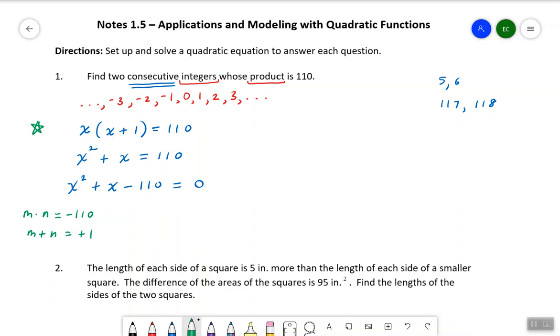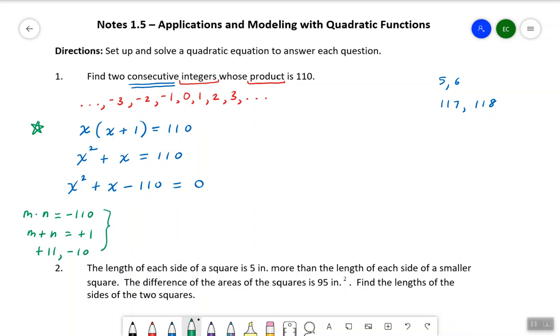And so you might see that pretty quickly. That sounds like 11 and 10, or to be more precise, that would be +11 and -10.